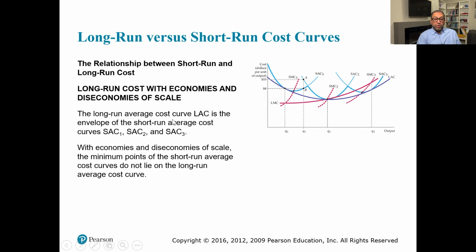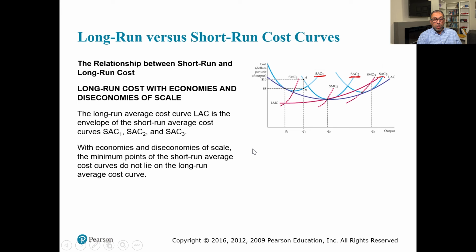So the long run average cost curve is the envelope of the short run average cost curves, like SAC1, SAC2, SAC3. These are all short run average cost curves, and we see the short run marginal cost curves as well.